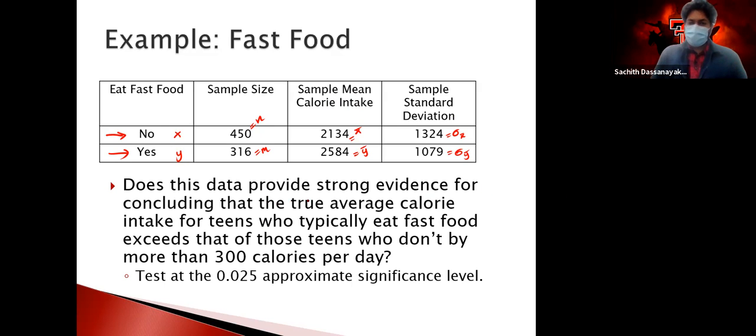Does this data provide strong evidence for concluding, this is our conclusion that we need to figure out, that the true average calorie intake for teens who typically eat fast food exceeds that of those teens who don't by more than 300 calories per day? 300, exceeds 300. What exceeds what? True average.